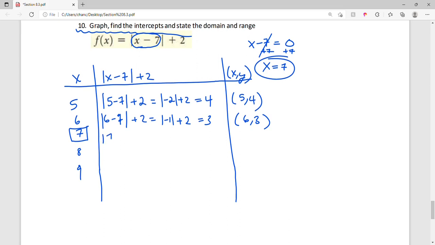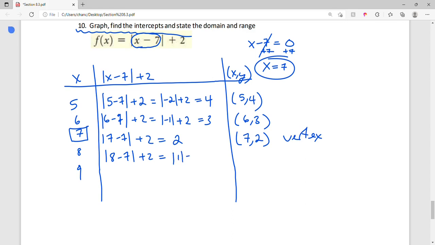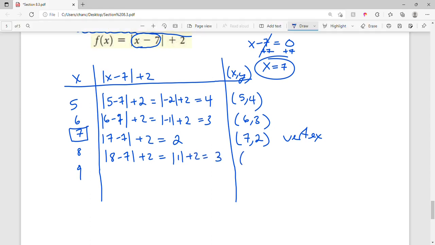When we plug in a 7, this eliminates, 7 minus 7 is 0. 0 plus 2 gives us 2. This is our vertex, 7, 2. 8 minus 7 is equal to 1. The absolute value of 1 plus 2, that's equal to 3. This gives us the point 8, 3.